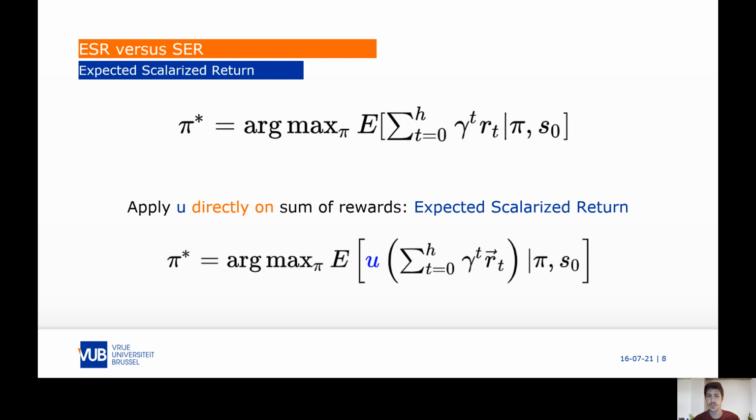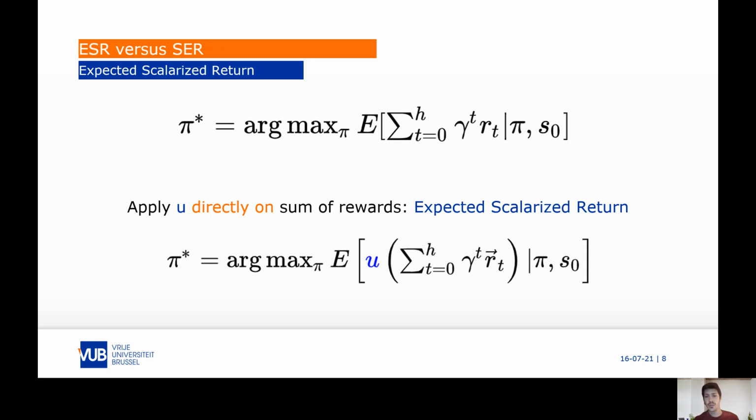So this is the other possibility. You apply u on the return and then you take the expectation. And that's what you want to optimize. This setting is called ESR, expected scalarized return, since you take the expectation on the scalarization. This is the setting we are interested in.